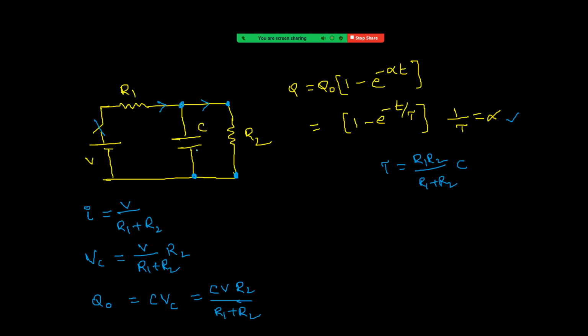So since completely charged, no current in this branch. Only current flows like this. Then we are finding potential difference across R2. That is nothing but potential difference across the capacitor. Once we know potential difference, charge equal to capacitance into potential difference.